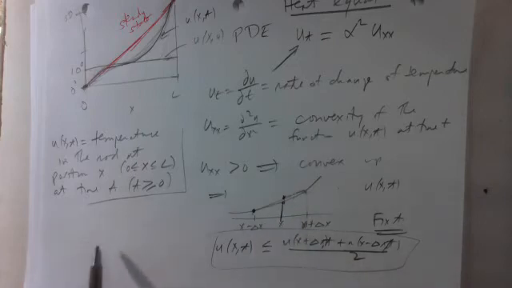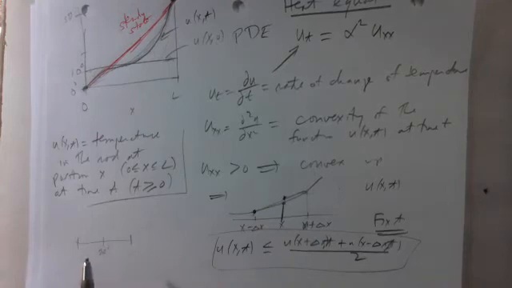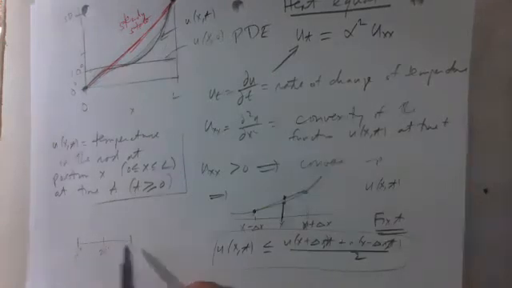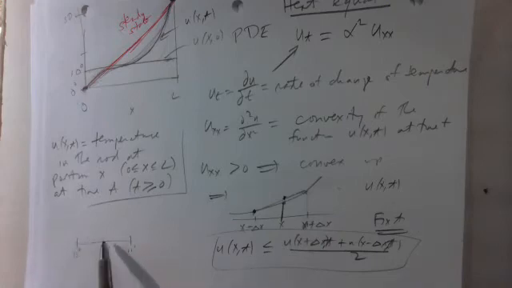Just think of it. Here's your rod. Maybe here the temperature is 20 degrees, and maybe this is 10 degrees and this is 100 degrees. The average of these two is what? 55 degrees. We would expect this temperature to increase.